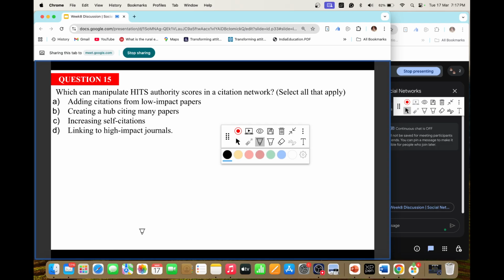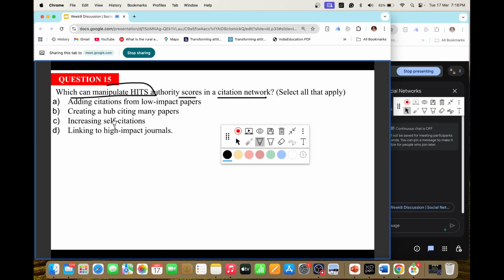Question number 15. Which can manipulate HITS authority scores in a citation network: adding citations from low impact papers, creating a hub citing many papers, increasing self citation, or linking to high impact journals? Again, which can manipulate the HITS authority score in a citation network?